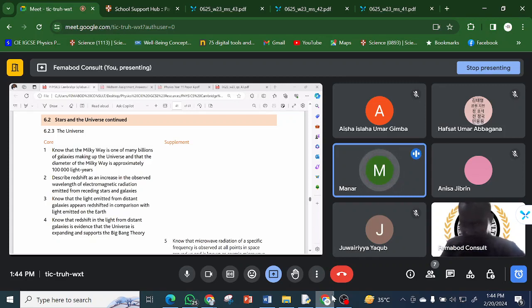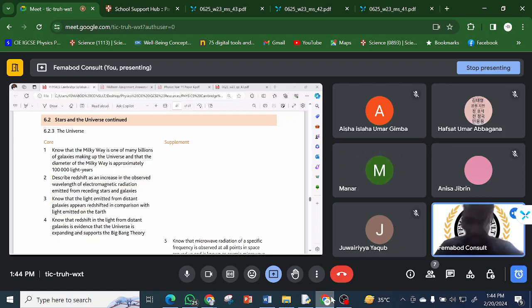Know that the light emitted from distant galaxies appears redshifted in comparison with light emitted on the Earth. Know that redshift in the light from distant galaxies is evidence that the universe is expanding and supports the Big Bang theory.